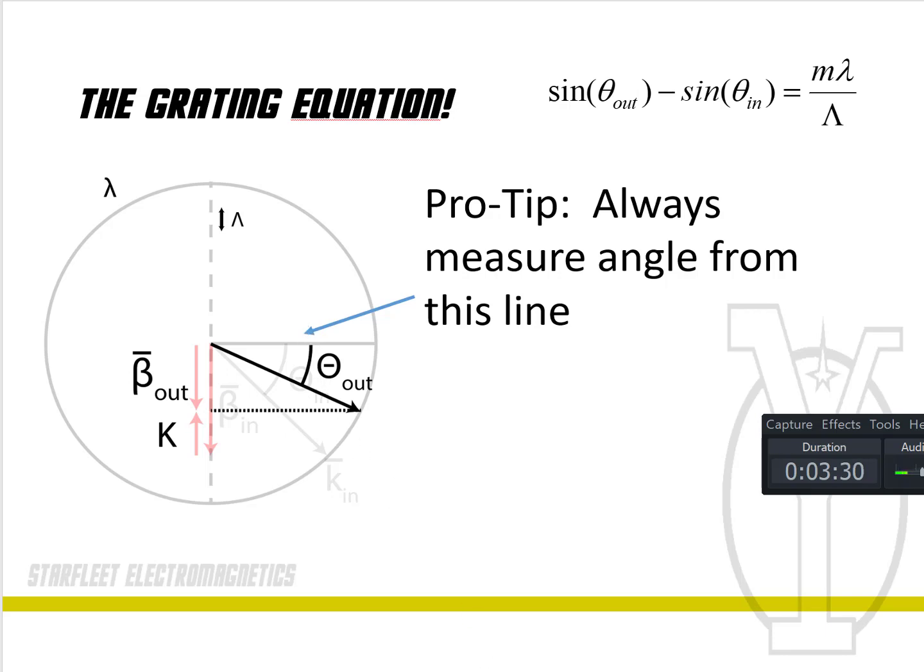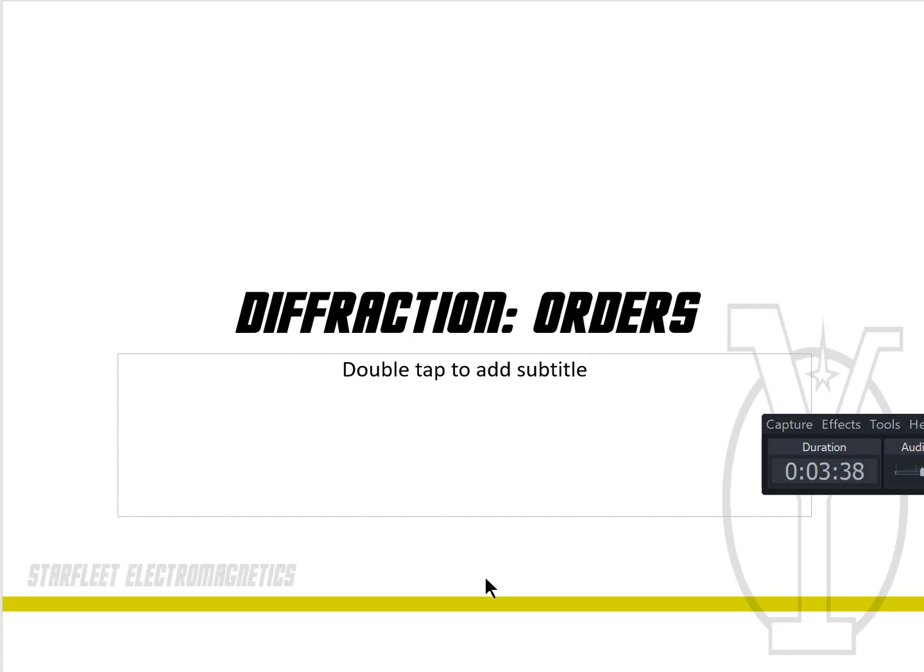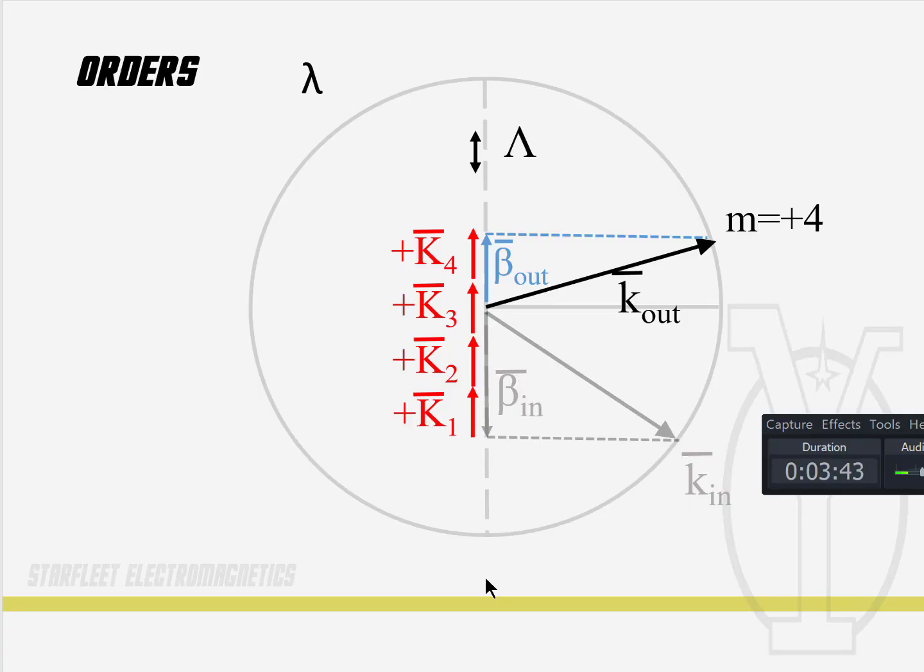Now, astute viewers will have noticed that I snuck in a little m variable here. This brings us to diffracted orders. We can add K more than once. In fact, we can do it several times. Each new addition gives rise to a new order of diffraction.